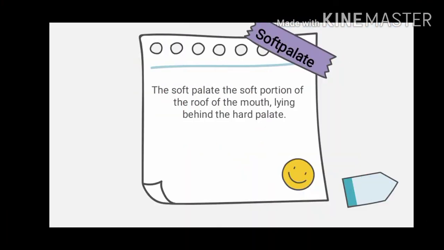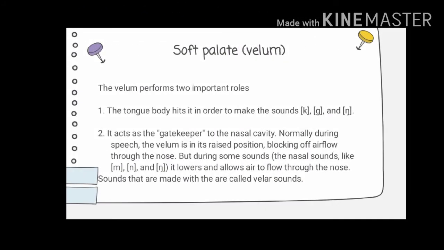Soft palate, velum. The soft palate is the soft portion of the roof of the mouth, lying behind the hard palate. The velum performs two important roles in speech. The back of the tongue rises in order to make the sounds k, g, and ng. It acts as the door to the nasal cavity.